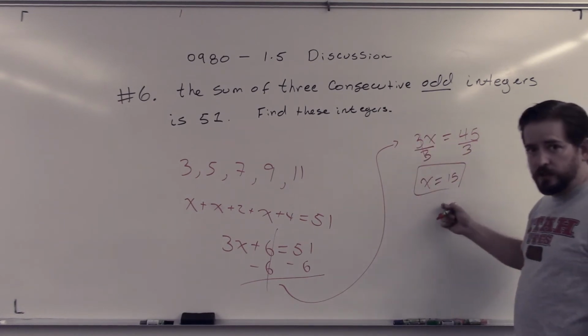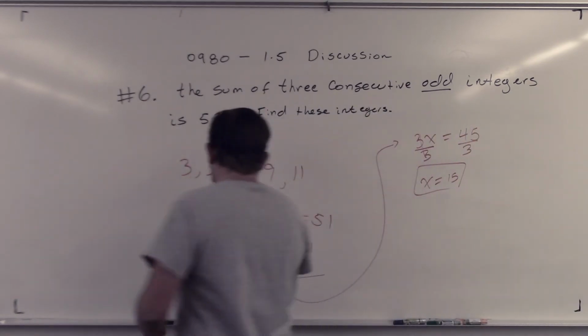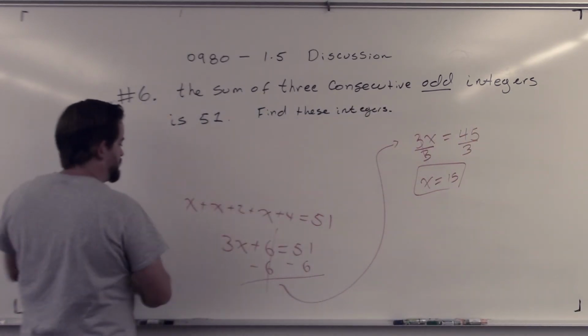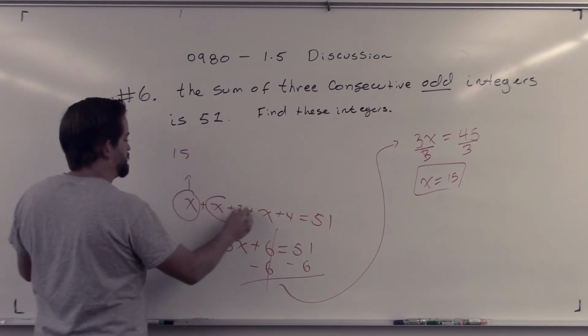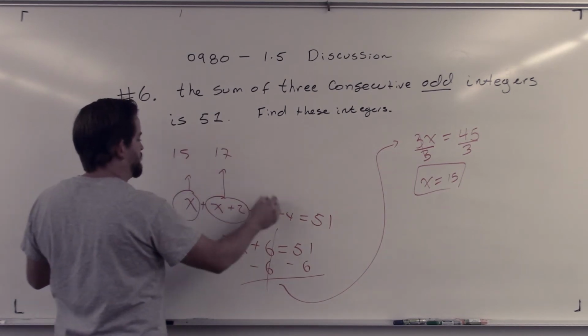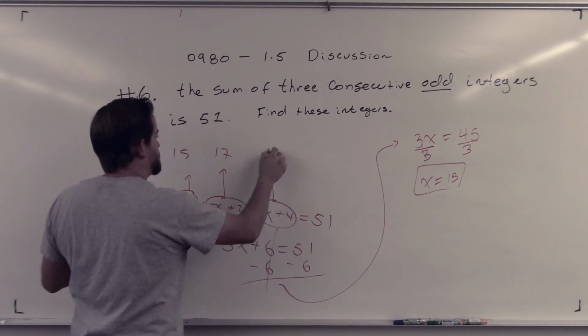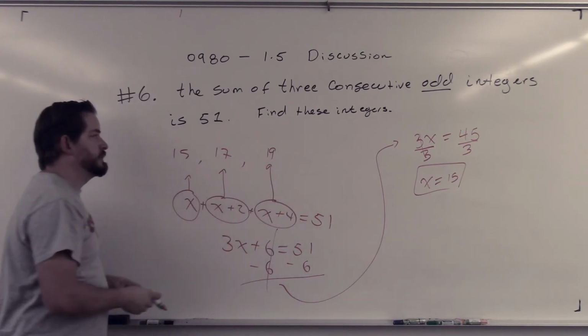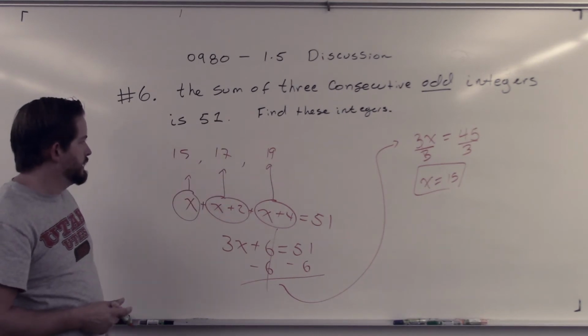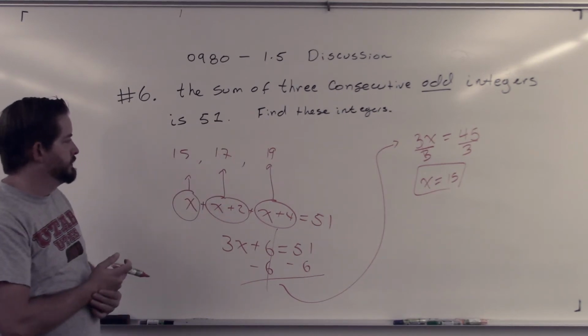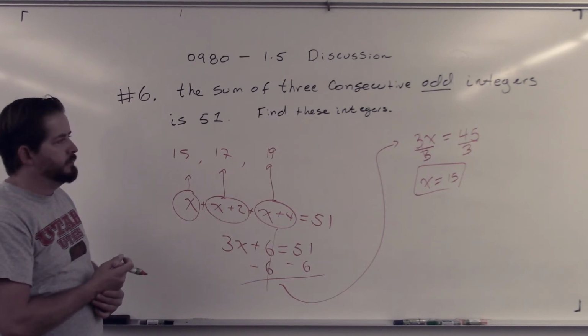And that's my first odd integer, and therefore my 3 integers are x was 15, x plus 2 is 17, and then of course x plus 4 is 19. Those are indeed consecutive odd integers, and if I add them up, I get 51. Okay with that?